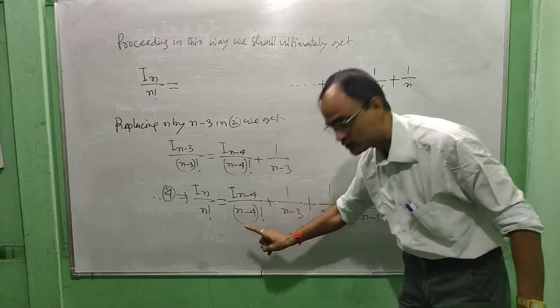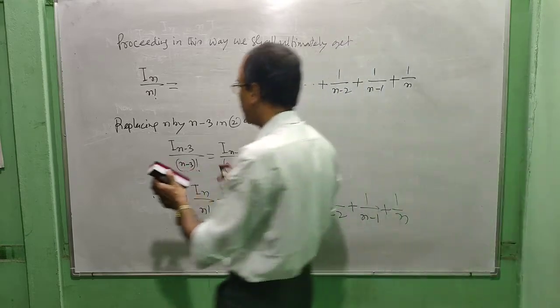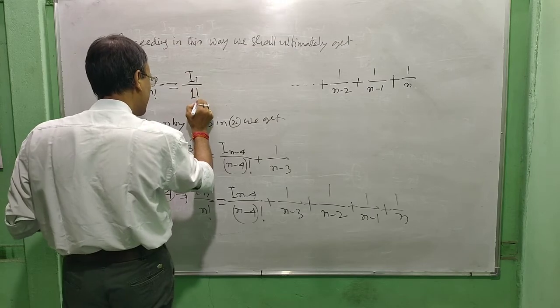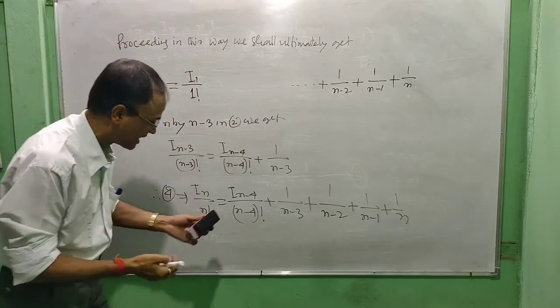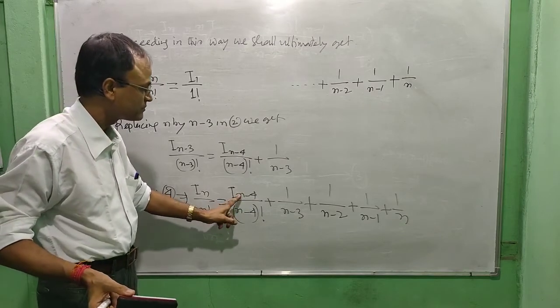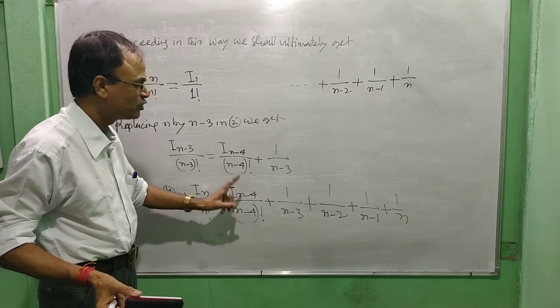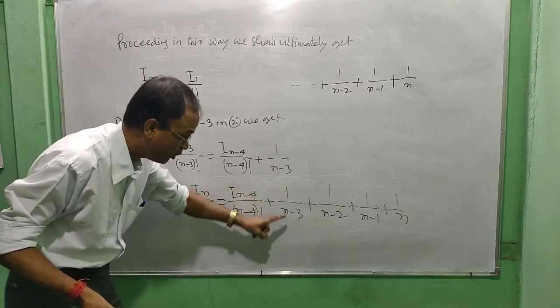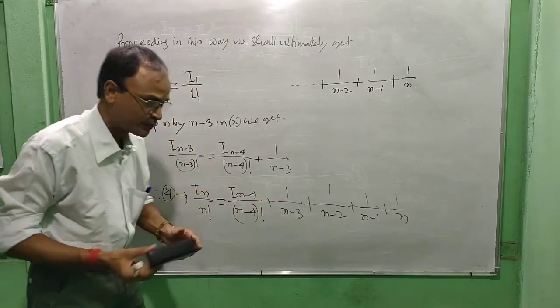I_1 by factorial 1. Here you will get I_1 by factorial 1. What have we put here? n is equal to 5. Therefore, put n is equal to 5 in here also.